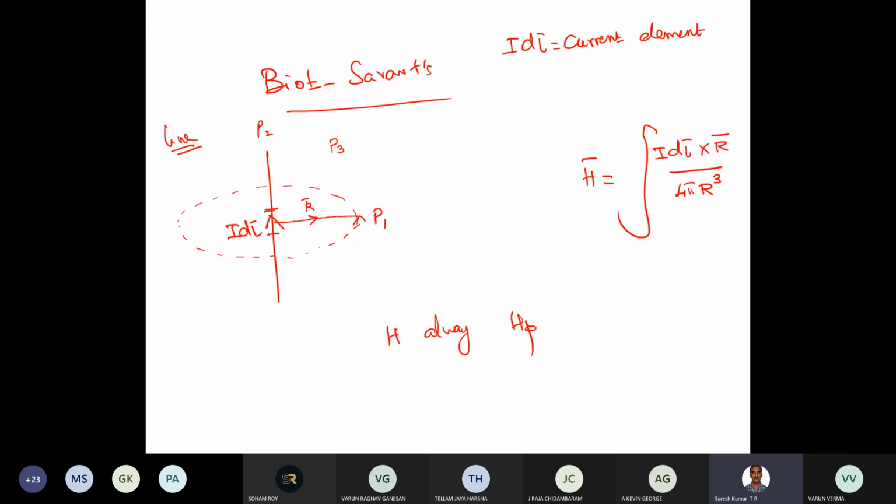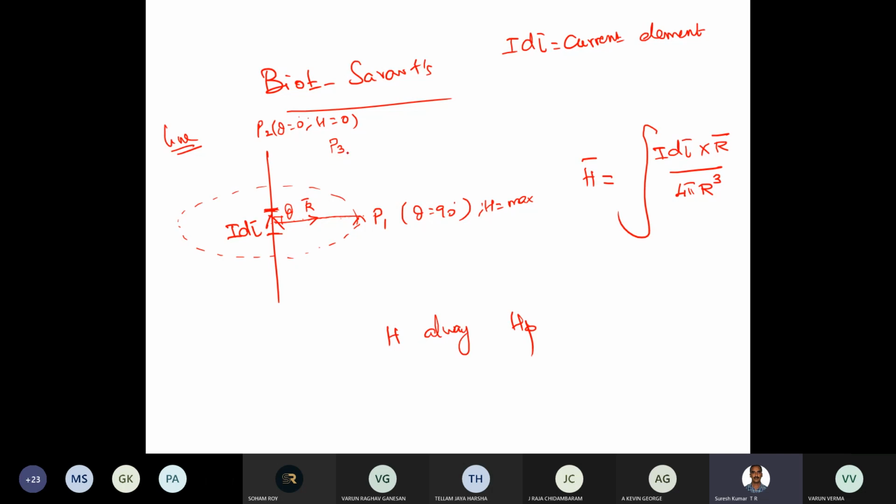Don't consider the current flowing through the rest of the wire. The magnetic field will be maximum at this angle. Let us take theta equal to 90 degree. At theta equal to 90 degree, the magnetic field will be maximum. You can say H equal to maximum. At theta equal to 0 degree, the magnetic field is minimum, 0.